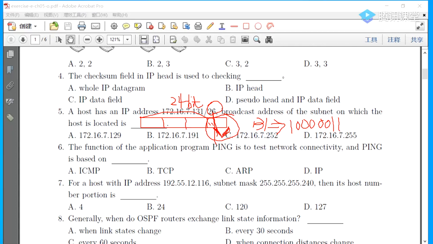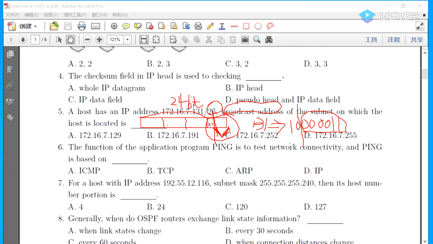So here, these 2 bits are here, right? These 2 bits. So for the broadcast address we should turn these 6 bits into six 1-bits.